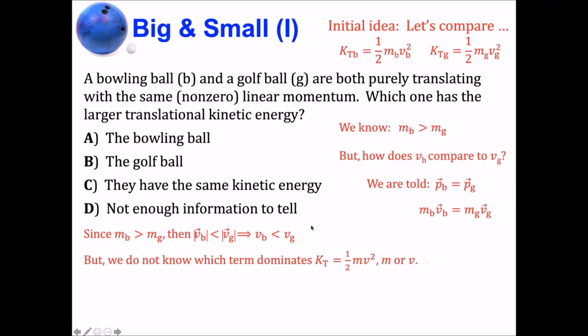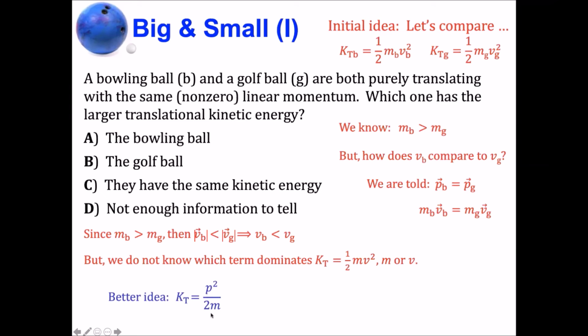So a better approach is to use the equation for translational kinetic energy that is related to the magnitude of an object's linear momentum vector squared, divided by twice the mass of the object.